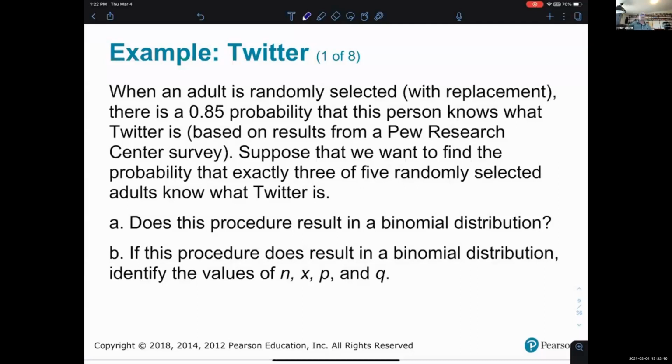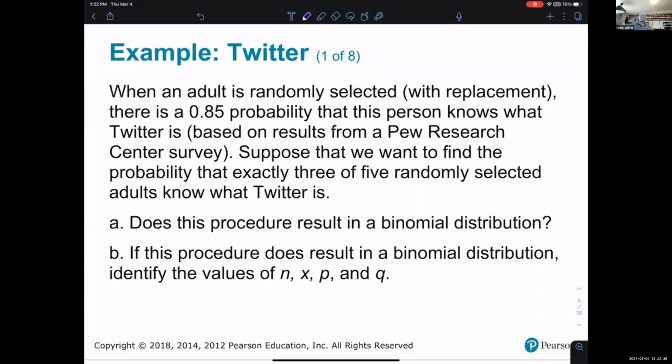So when an adult is randomly selected with replacement, there's an 85% probability that this person knows what Twitter is, based on results from a Pew Research survey, which was probably done a few years ago. Suppose that we want to find the probability that exactly 3 of 5 randomly selected adults know what Twitter is.